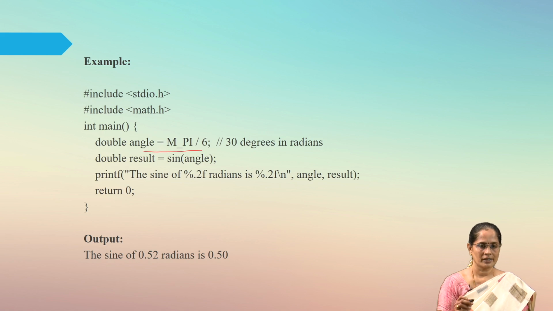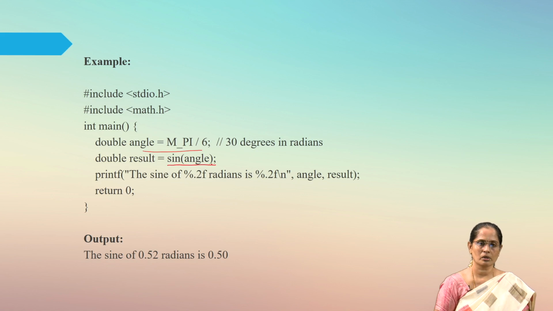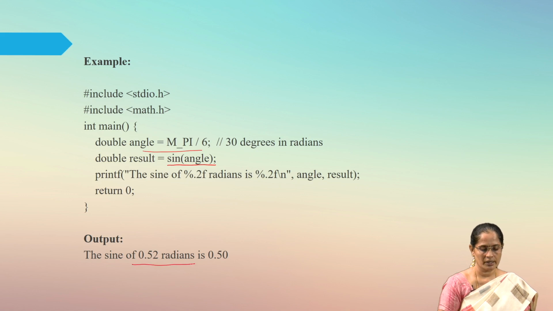If I want to find sine of 30 degrees, I need to first convert it to radians, and then give that as an input to the sine function. The output will be the sine value of 0.52 radians, which is 0.5. So, sine 30, the result will be 0.5.